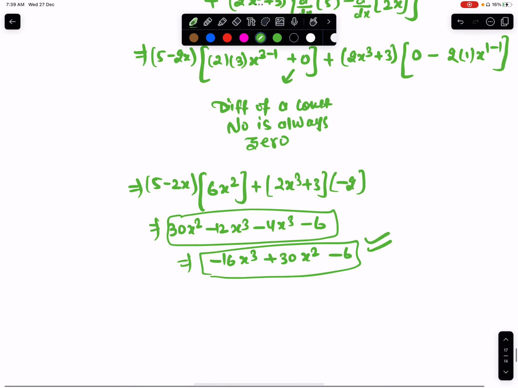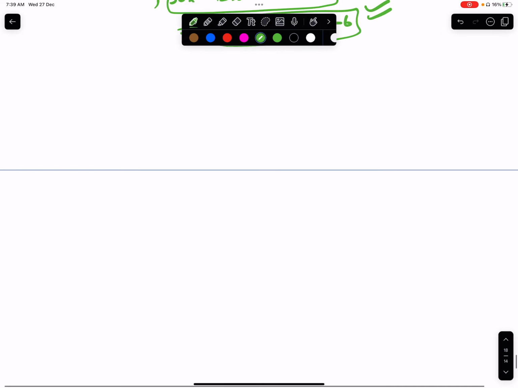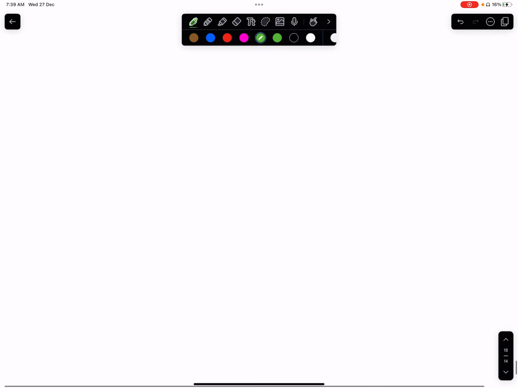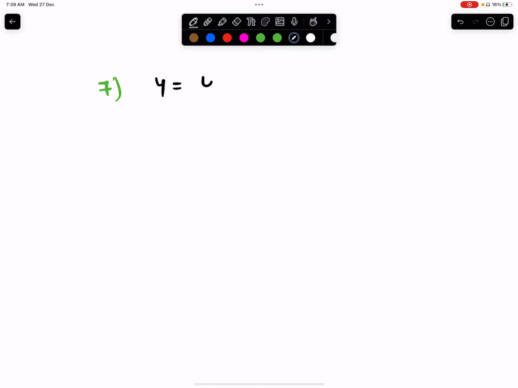Now let's move to another property of differentiation, the quotient rule, that is rule number 7. Rule number 7 says if we have to differentiate y equals u upon v, then dy/dx equals d/dx of u upon v.